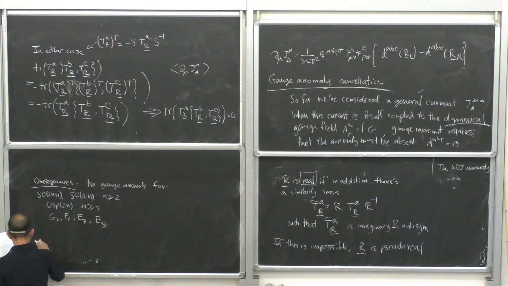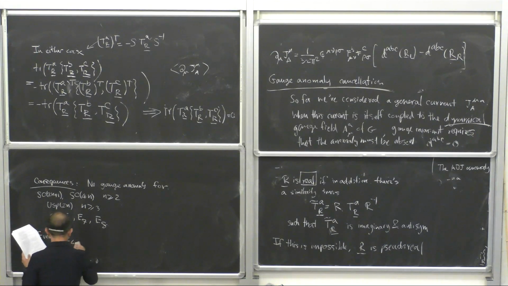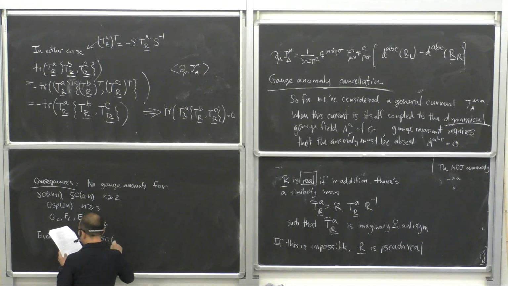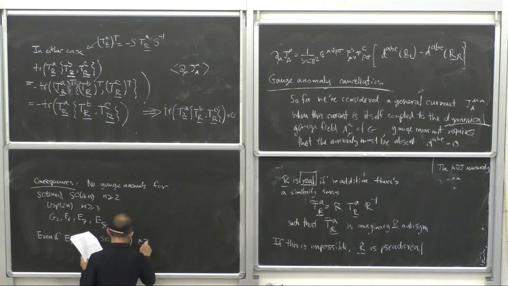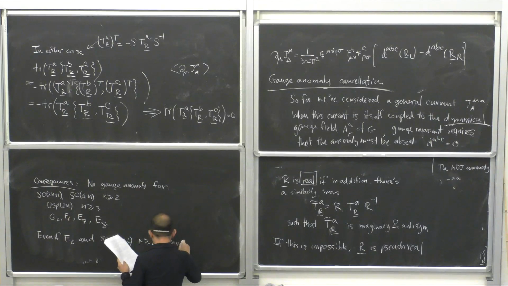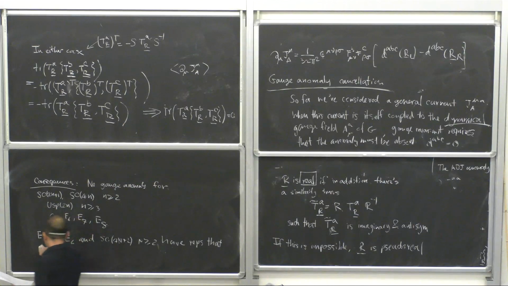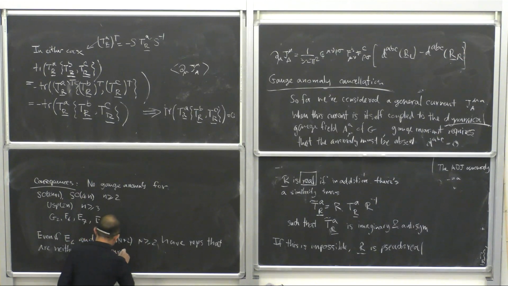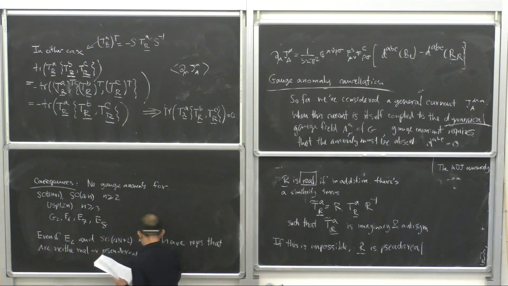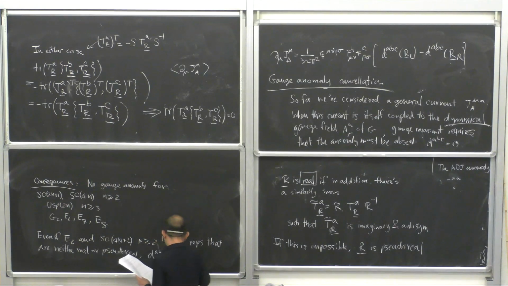Moreover, even if E6 and SO(4n+2) with n greater than or equal to 2 have representations that are neither real nor pseudo-real, for example, E6 can have complex representations, D^ABC still vanishes.